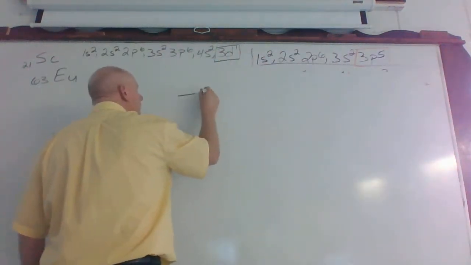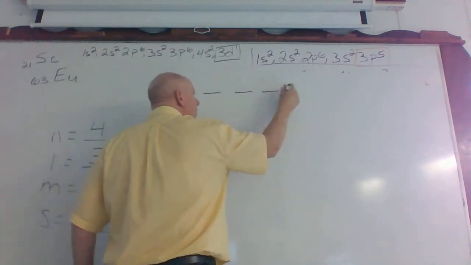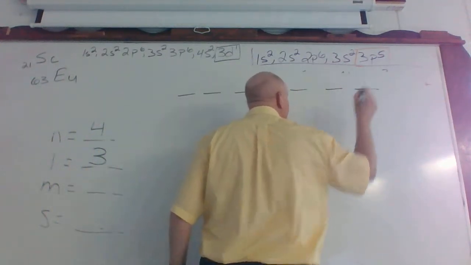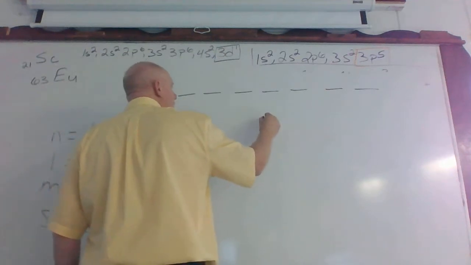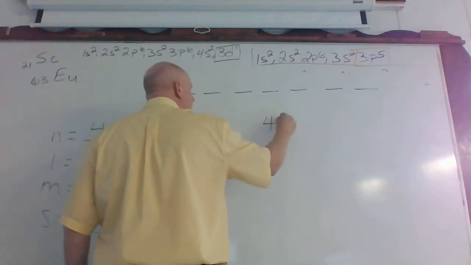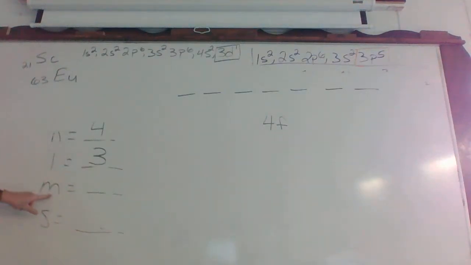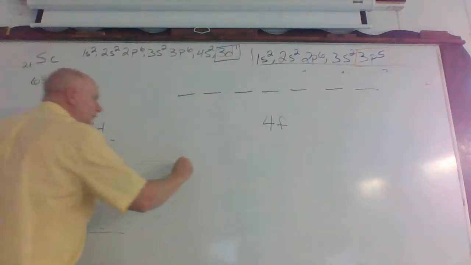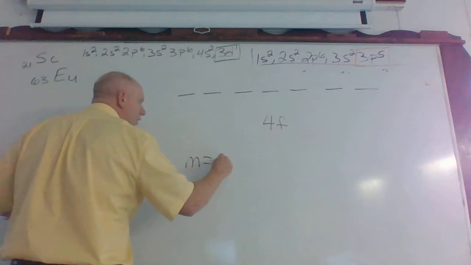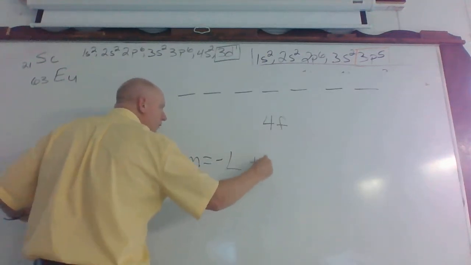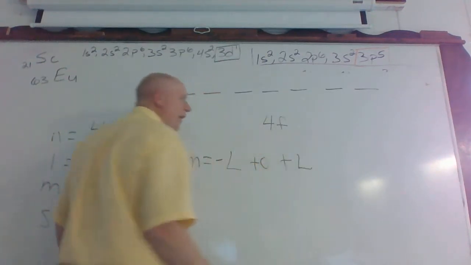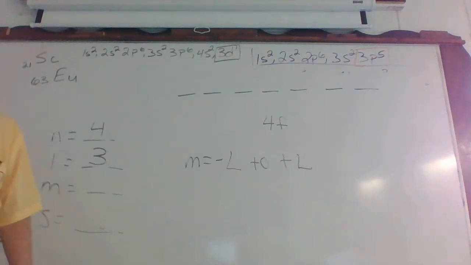Okay? 1, 2, 3, 4, 5, 6, 7. So we want to make sure we put 4F down here. So m, remember, equals a value of negative L to positive L without skipping over 0.